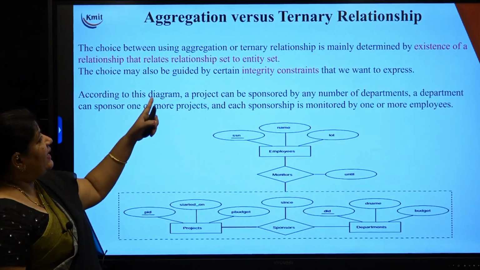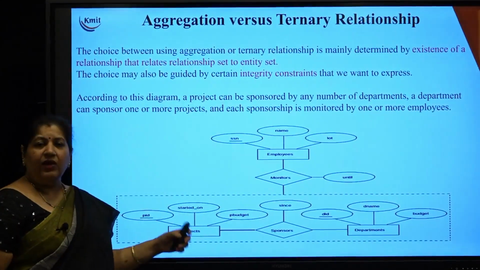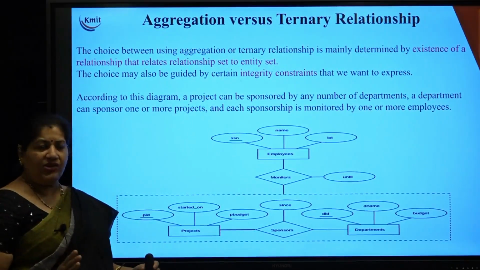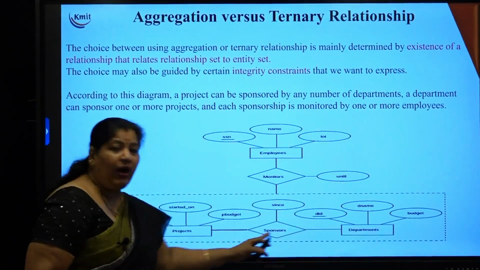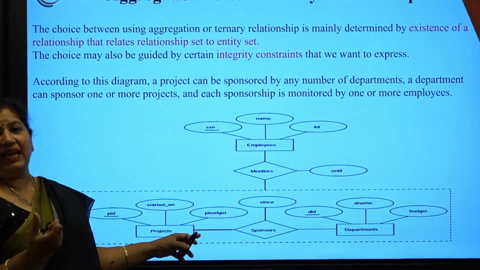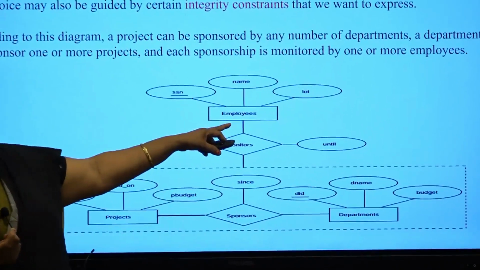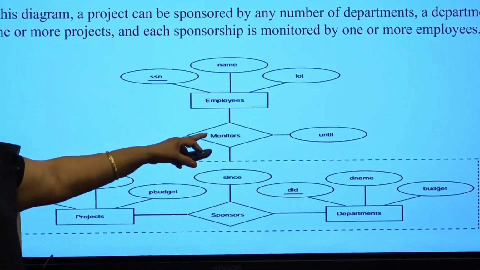Now, next, aggregation versus ternary relationship. Whether we can manage with a ternary relationship or we want a binary relationship to be considered as an entity so that we can define a relationship on it, because it does not allow a relationship on a relationship.